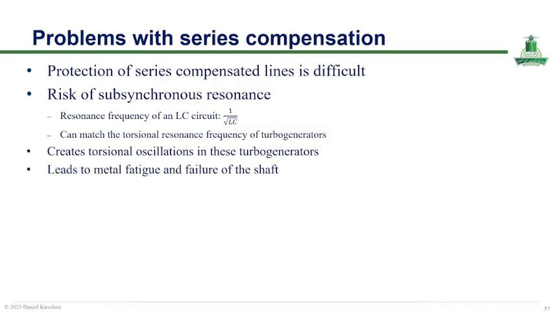If the resonance frequency matches the natural torsional frequency of the turbo generator shaft system, dangerous mechanical oscillations can develop. So these oscillations may cause severe metal fatigue, shaft damage, and even generator failure, making careful system design and protection essential.